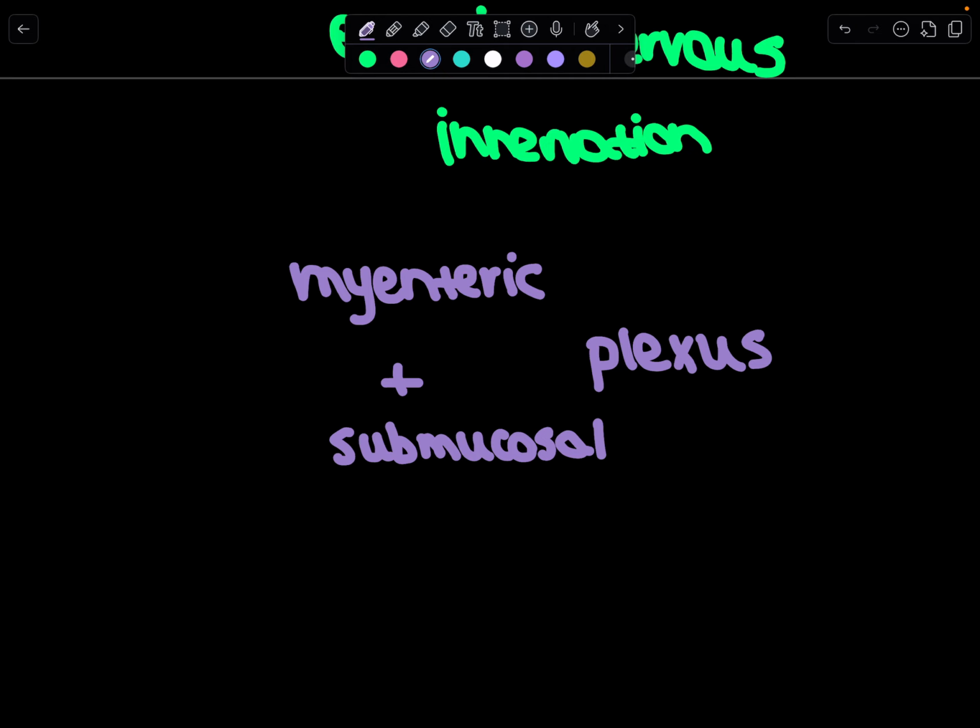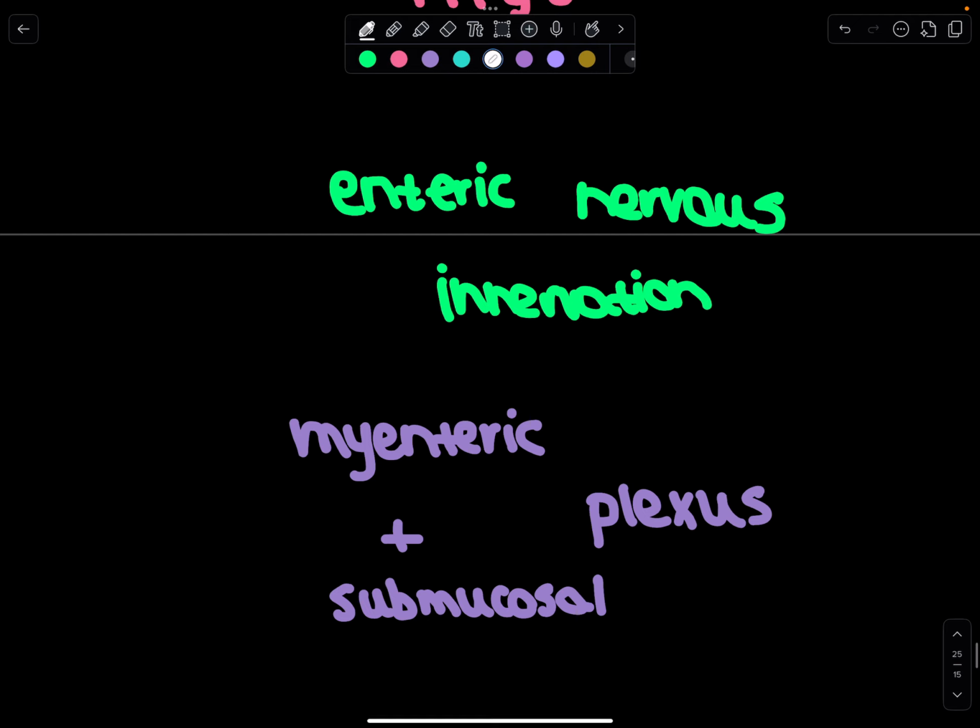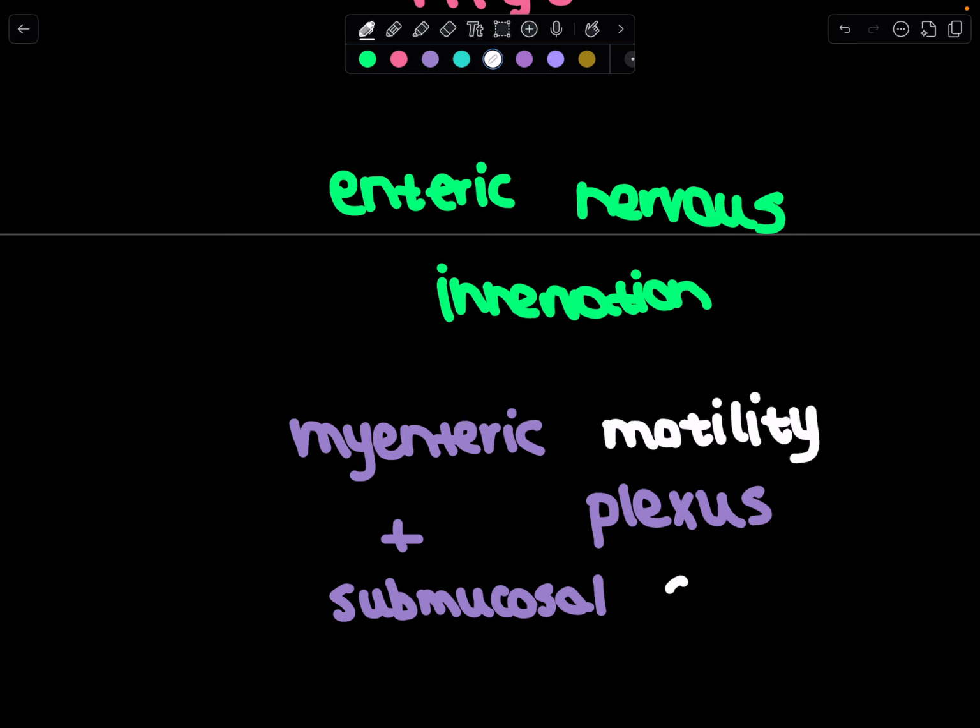I want to ask about how my myenteric plexus is for motility and submucosal plexus is for secretion and blood flow. The myenteric plexus, located between the muscle layers of the muscularis externa, controls GI motility by coordinating smooth muscle contractions for peristalsis and segmentation, driving food through the gut.